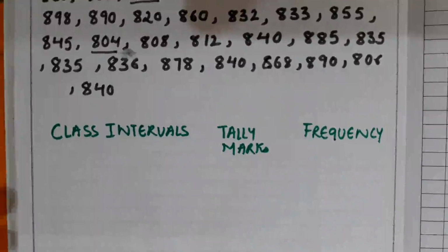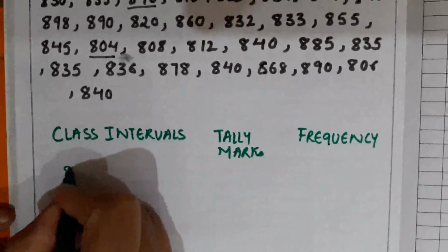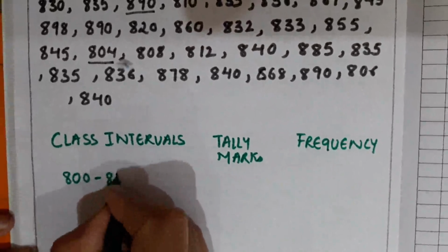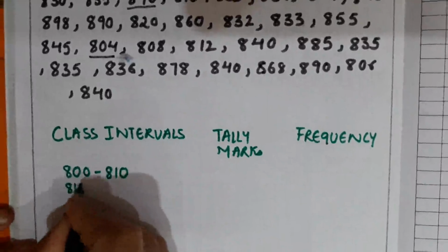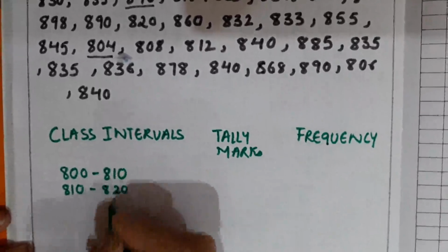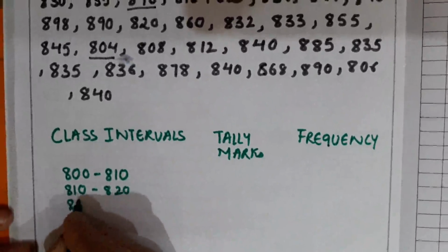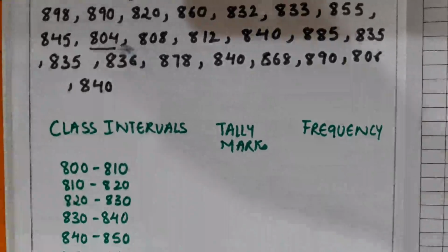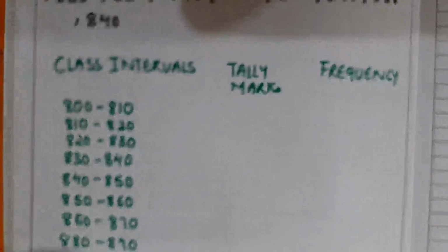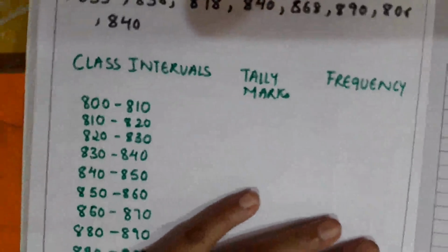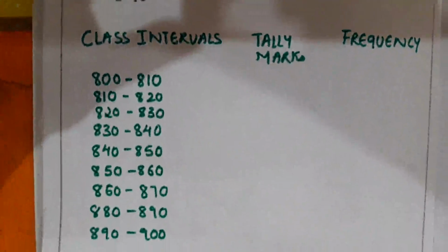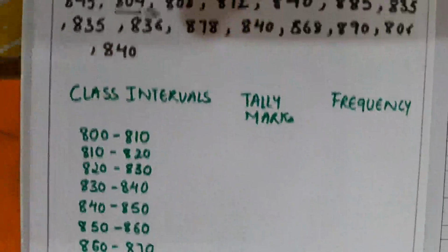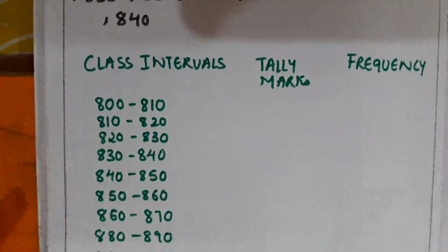You can start from 800 because the least wage we have is 804, so 800 to 810. In this way I have made the whole class interval. I hope you are able to see the full class interval.